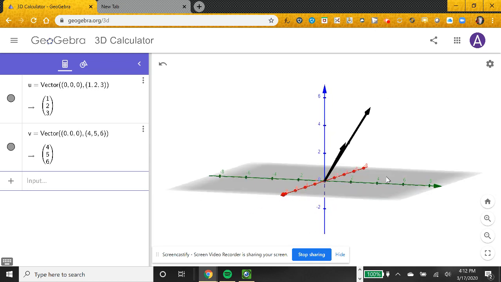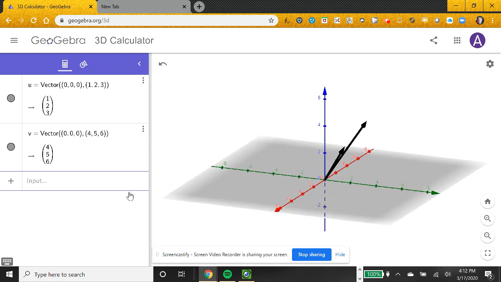Okay, and now I'm going to do the U cross V vector that we had. And we said that vector, parentheses, and we're going to put it in standard position, was 0, 0, 0. And then the terminal point, comma, or the tip was -3, 6, -3.